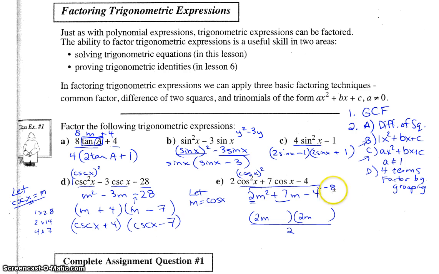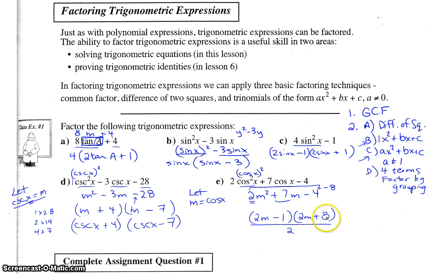Okay, then two numbers that multiply to negative 8 and have a difference of 7 would be 1 and 8. We have to end up with a positive 7, so the 8, the bigger number, is positive. Okay, the other one will be negative. And then we divide this 2 into whichever factor it goes into. Can't go into the 2m minus 1 because it's not common to the 1.